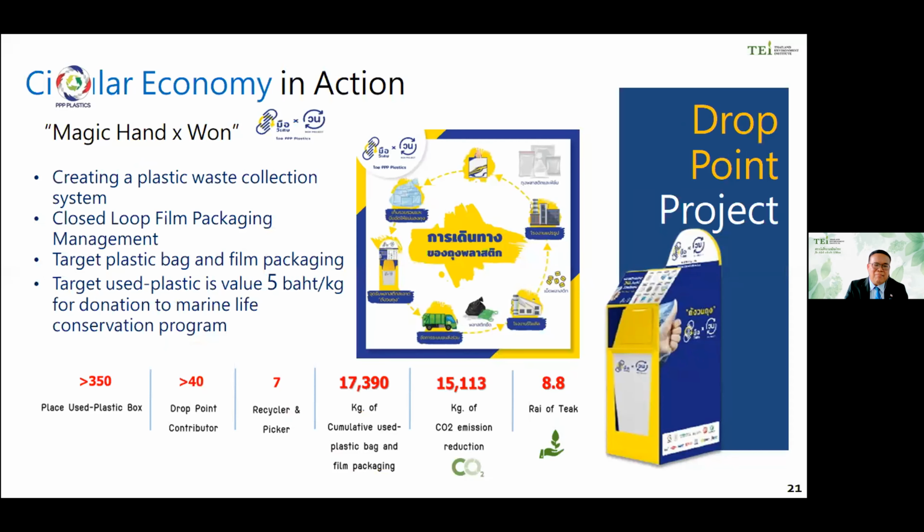Here is an example of a project where we collect plastic, which we call Magic Handbag, that collects film and packaging plastic. Currently, we have collected about 20,000 kilograms of plastic. The value of the plastic is 5 baht per kilogram, which goes to a marine life conservation program.